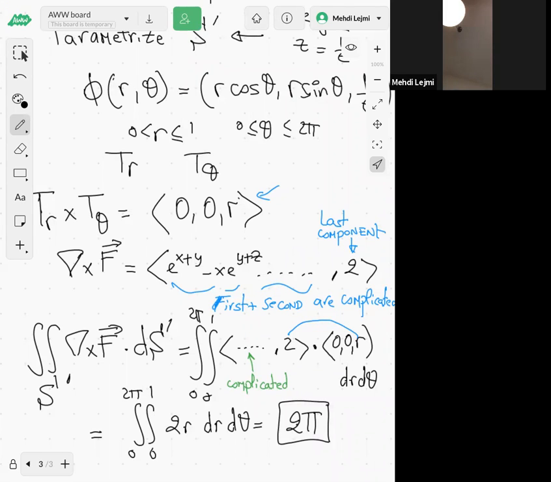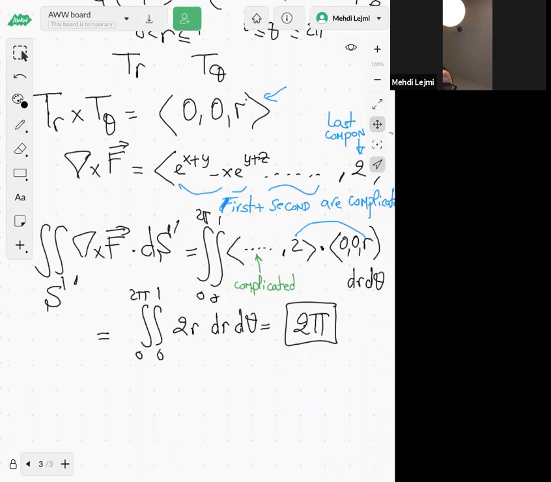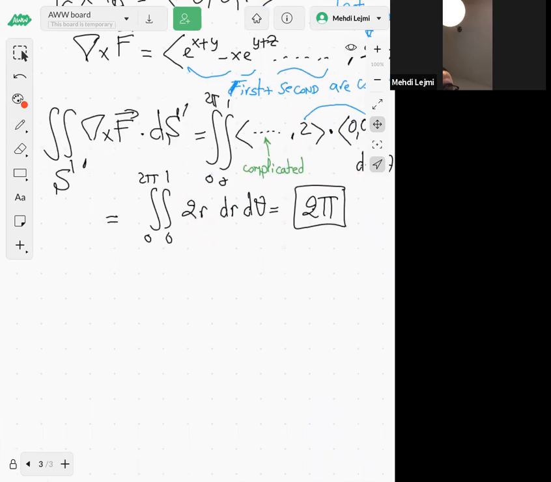So the conclusion is that, remember, guys, we had to evaluate the curl of f along this surface S, but it was very hard to compute.